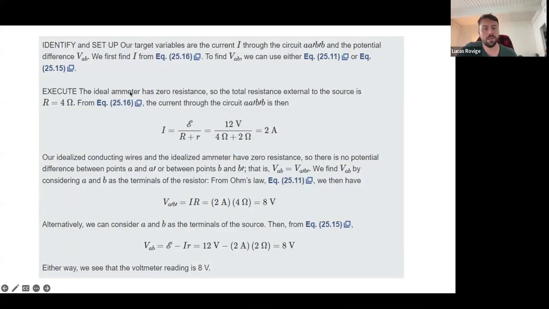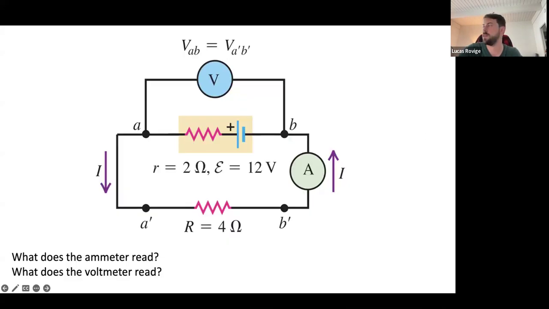So first, if we come back to our drawing here, we see that the voltmeter is placed at this position. We don't know the potential difference at the end of the ideal EMF source.